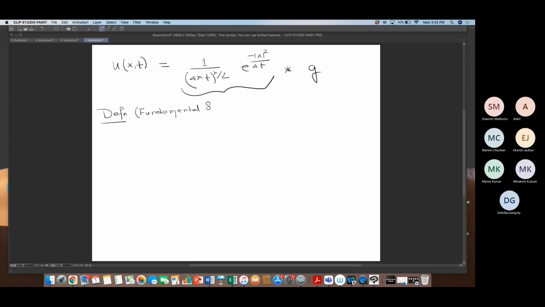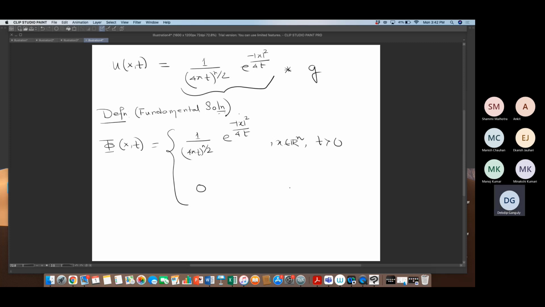Fundamental solution: phi of (x,t) is 1 by (4 pi t) to the power n by 2 e to the power minus x square by 4t, where x is in R^n and t is positive, and it is 0 when x is in R^n and t is non-positive.